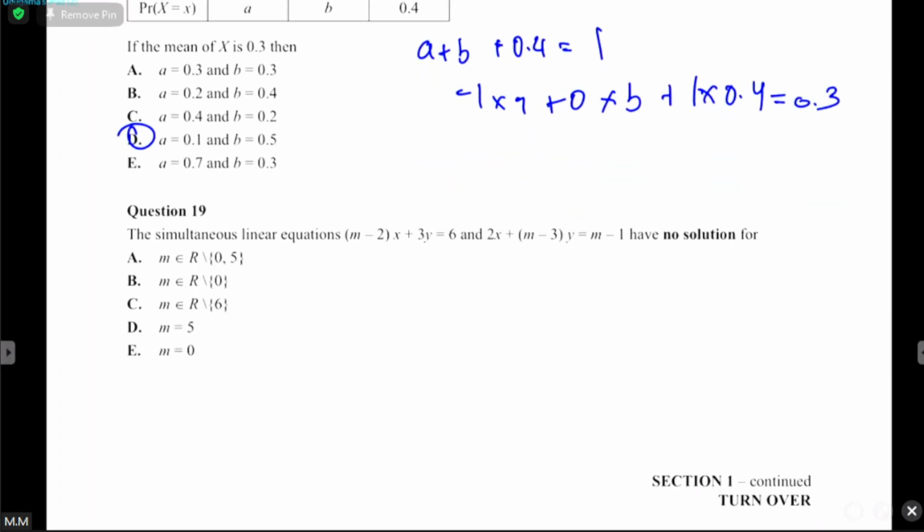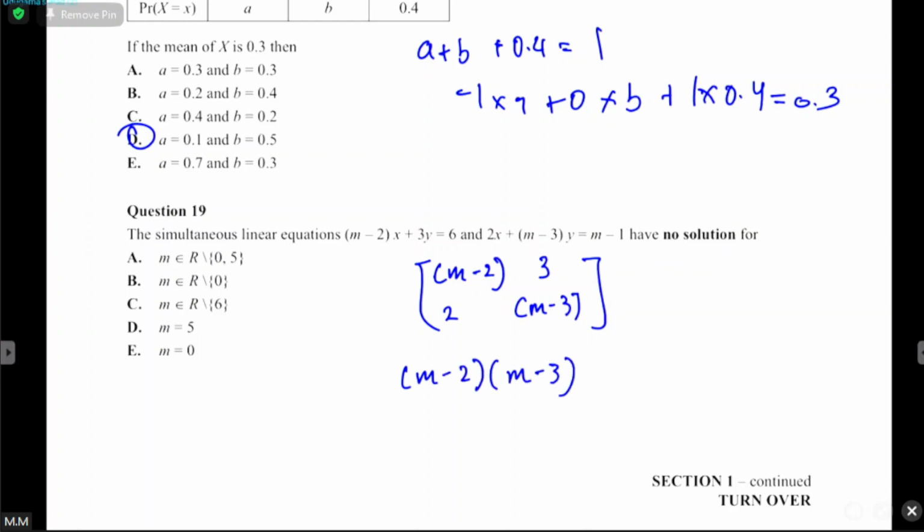Here you can use discriminant, but I use the determinant of a matrix. So in matrix form this looks like this, so 2 and then n. And so the determinant is ad minus bc, m minus 2m, and for unique solutions this must not be equal to 0.